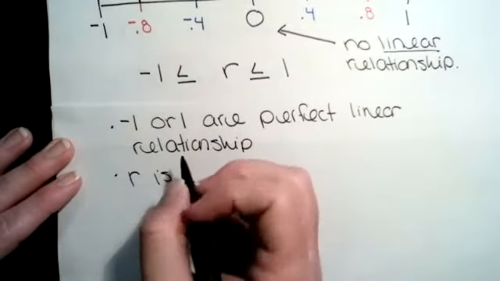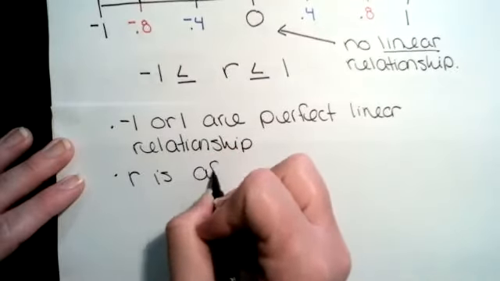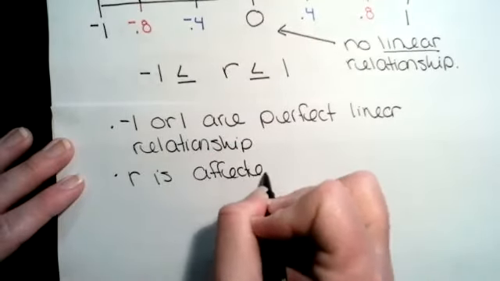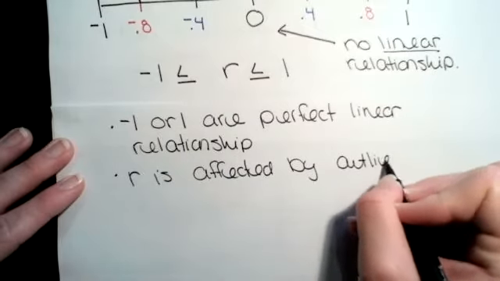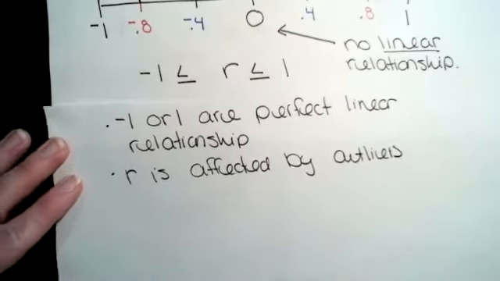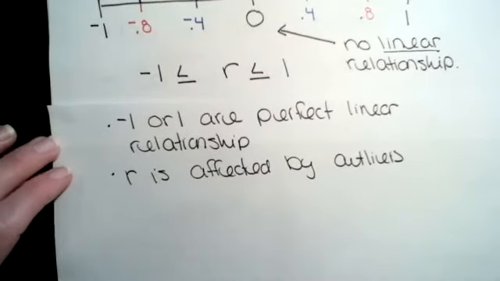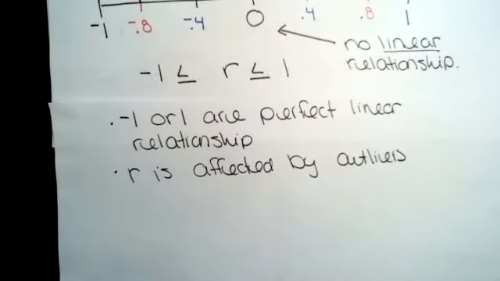R is affected by outliers. When we're looking at quartiles, we said they are resistant to outliers. That's not the case here for our linear correlation value. When we see outliers in our data set, it is going to make R not so strong.